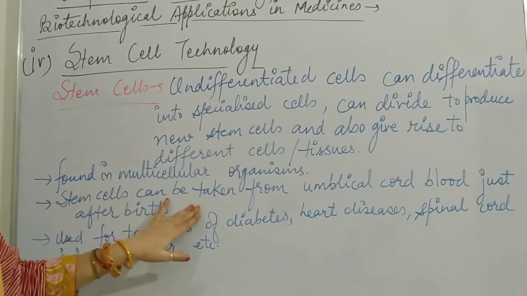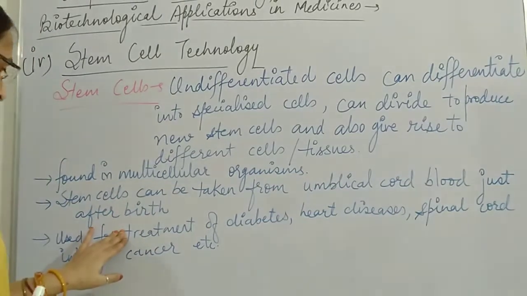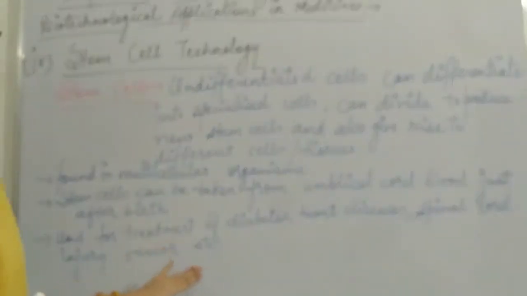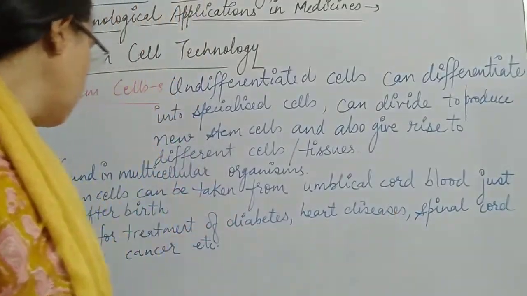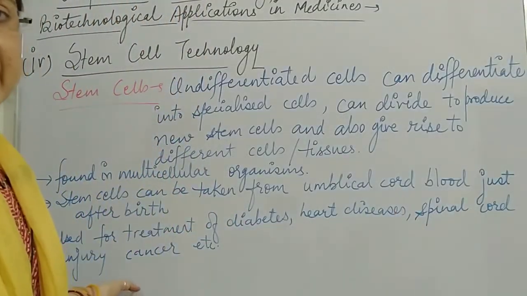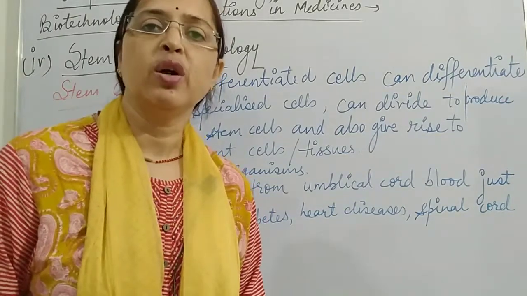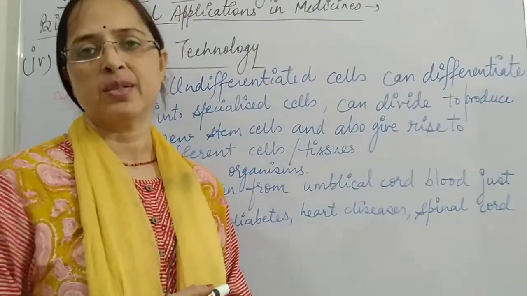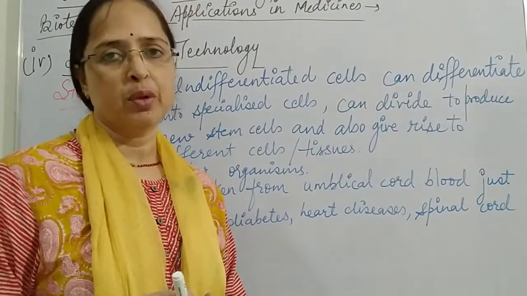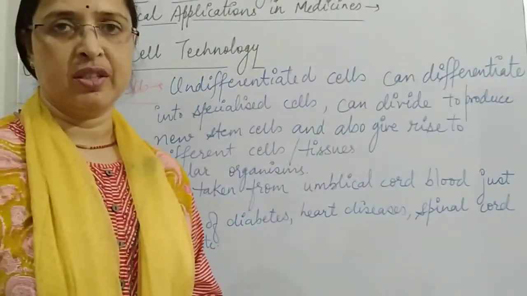Stem cells can be taken from the umbilical cord blood just after birth and used for the treatment of diabetes, heart diseases, spinal cord injury and cancer. They are also used for the production of organs in the laboratory, and these organs are transplanted into the patient's body. So this is about stem cell technology.